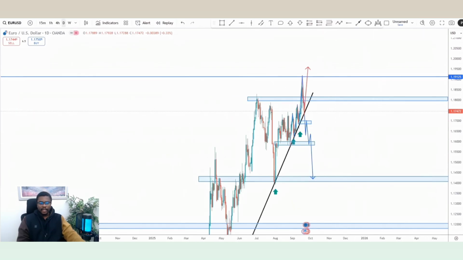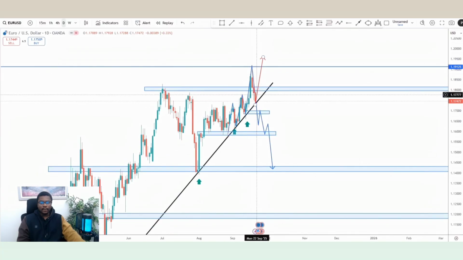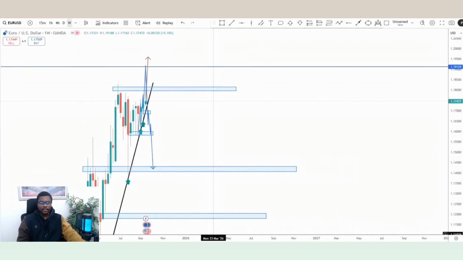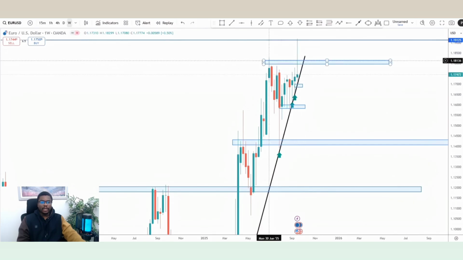As we've seen on the daily candle the last couple of days, where price has formed this strong bearish candle, and you can see on the weekly time frame that the candle that was formed there on EURUSD is a very strong bearish pin bar, which means that there was a lot of selling pressure, and which ended up with price closing below this resistance level of 1.18 area.